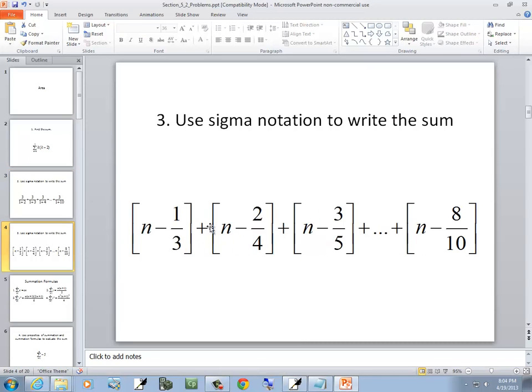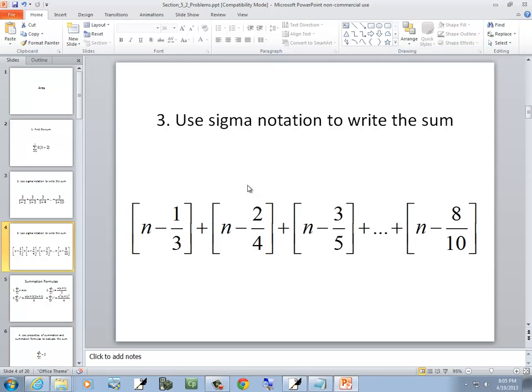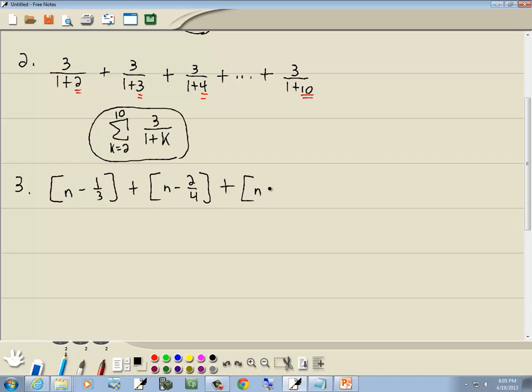Let's look at this example. We got n minus 1 over 3, plus n minus 2 over 4, plus n minus 3 over 5, plus dot dot dot plus n minus 8 over 10.